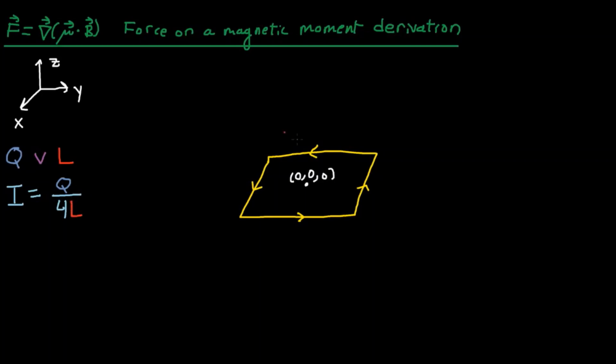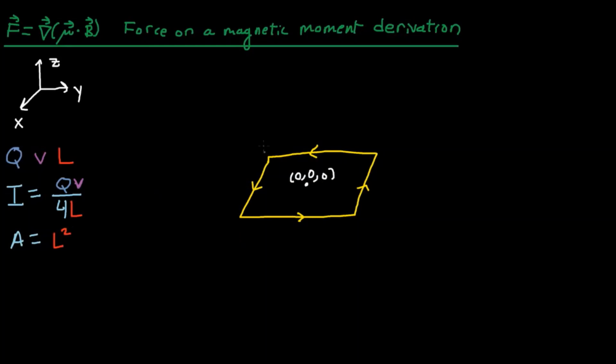See, because there's a charge of Q and the total length of this wire is 4 times L. Then we have to multiply that by v. So this is the current going around the wire. And we'll also just write that the area of the square equals L squared.